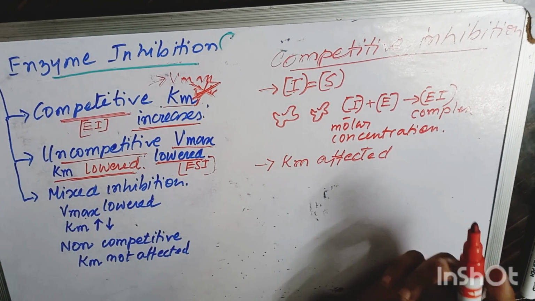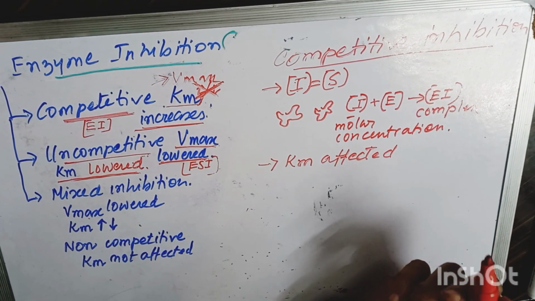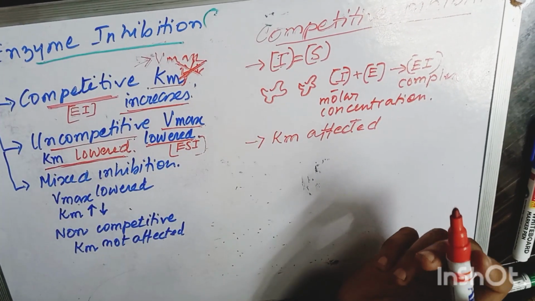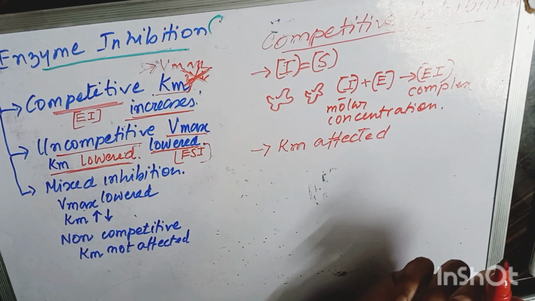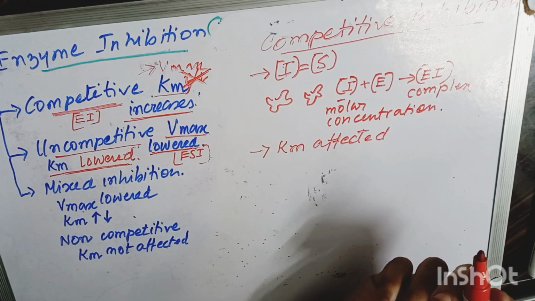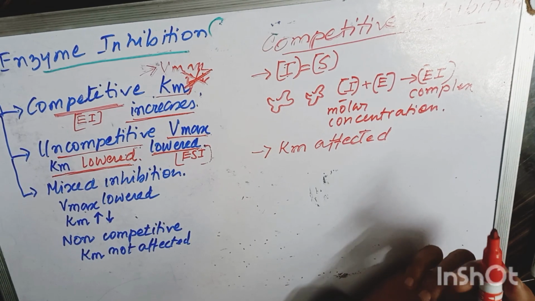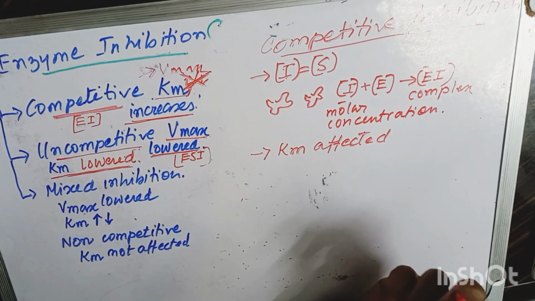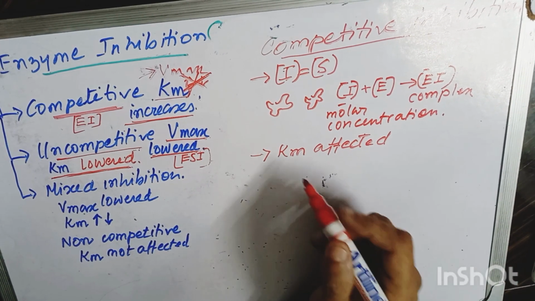So the binding of the inhibitor with the enzyme has now put the substrate in question. When the substrate cannot bind to the enzyme, we say that the affinity has decreased. The enzyme now cannot bind to the substrate, so the affinity has decreased. The Km affinity has decreased means the Km value has increased.